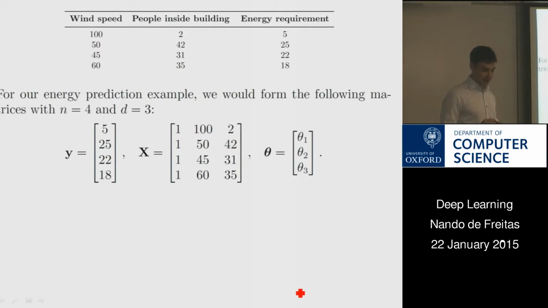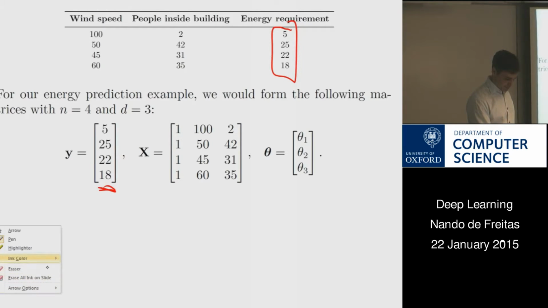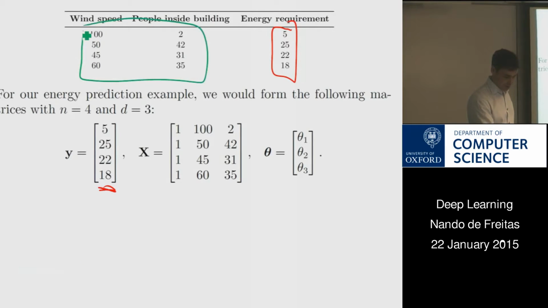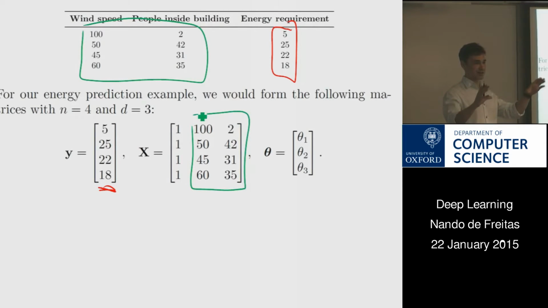In this case, the y is this vector, which corresponds to what I've drawn here, and the x, which corresponds to these 4 columns, is what I've put in here. So I've just copied it. If your data is stored as a table, it's very easy to form these matrices.